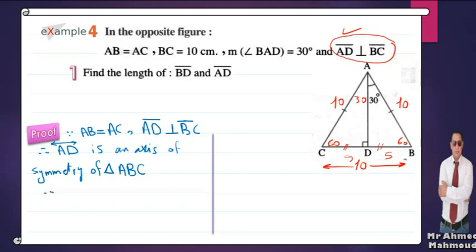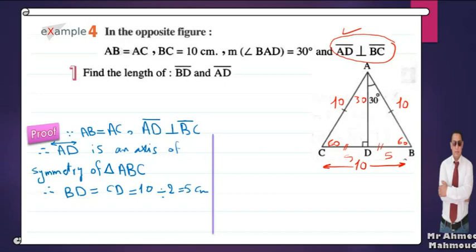Therefore, BD equals CD equals 10 divided by 2 equals 5 centimeters.